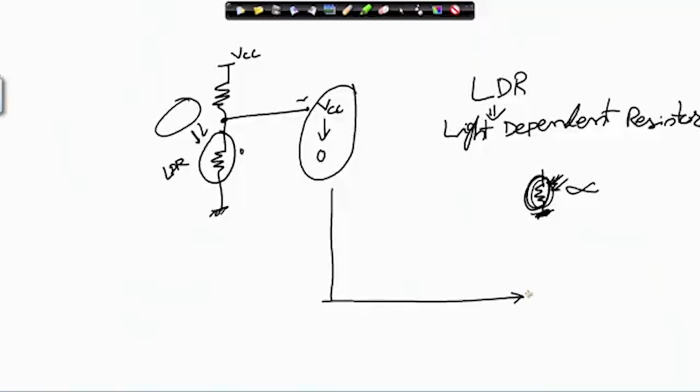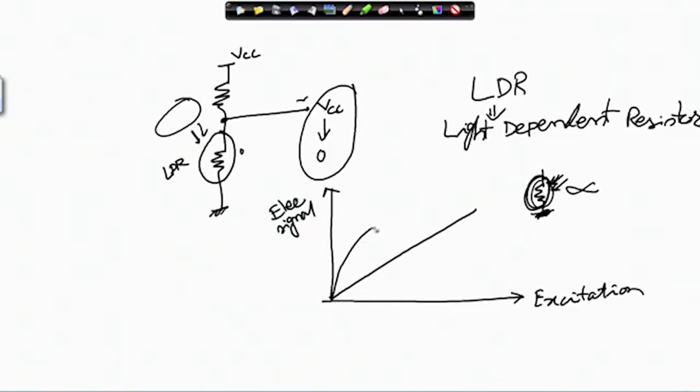If this side is the excitation, and we have the electrical signal there, maybe voltage, maybe current, whatever it is, I would ideally like to have a straight line like this. It may not be at 45 degrees, but it is more or less a straight line. But this seldom happens, and normally we get different types of behavior.